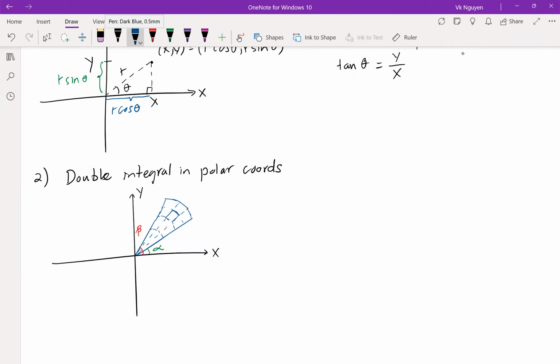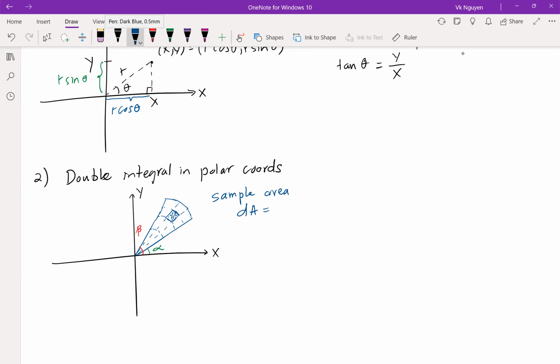How do you find the area of this one? This is the dA, the sample area. We just have to figure out how to compute dA.